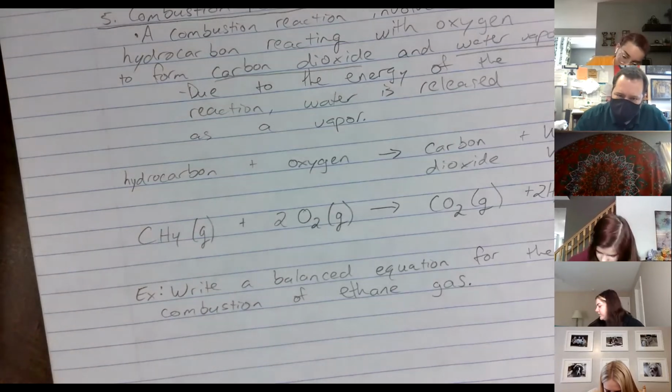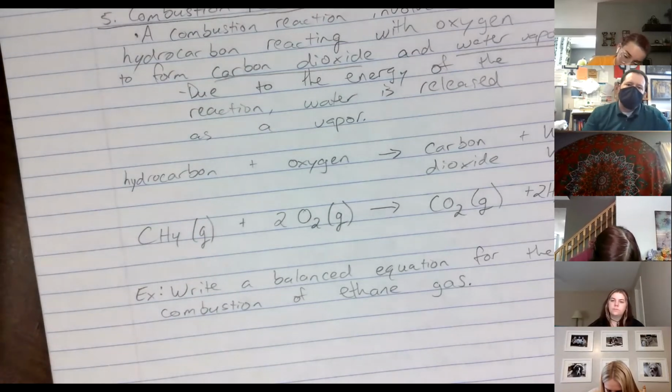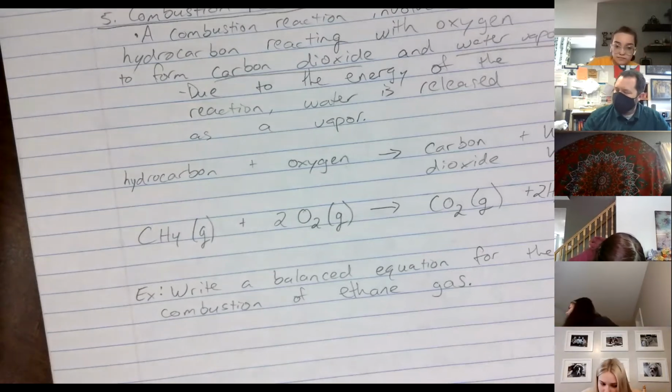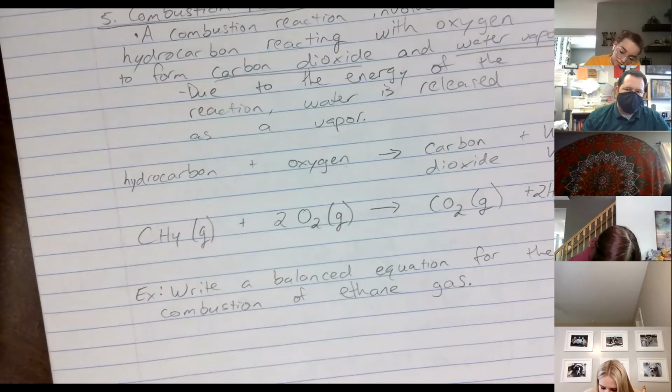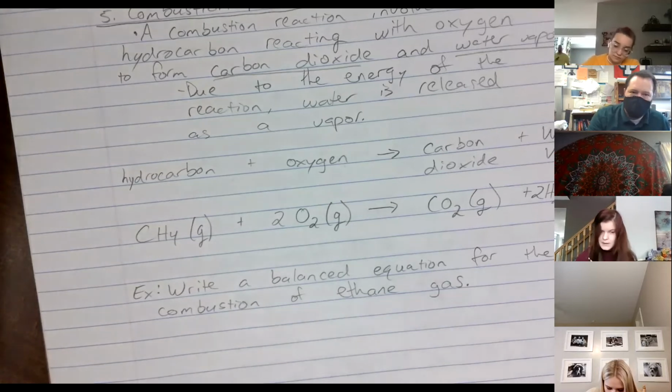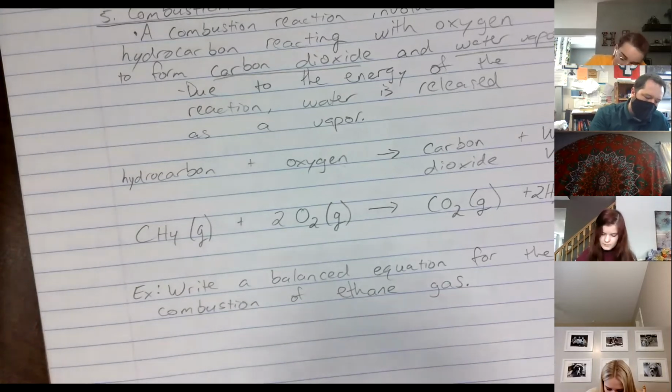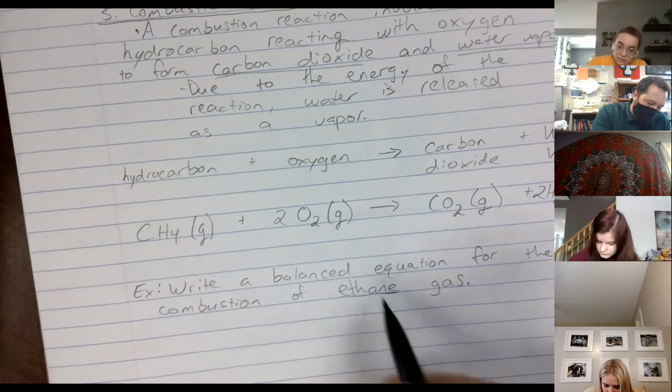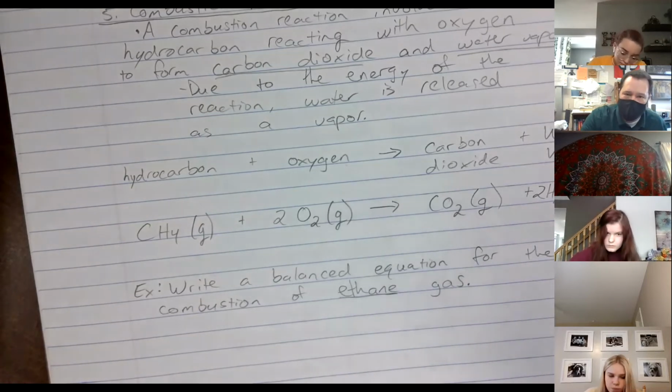So this is what it looks like on our homework. Here's the part you're not going to like. And there's 2 parts you're not going to like and 1 part you will like. We have to remember what ethane is. And guys, I do this.